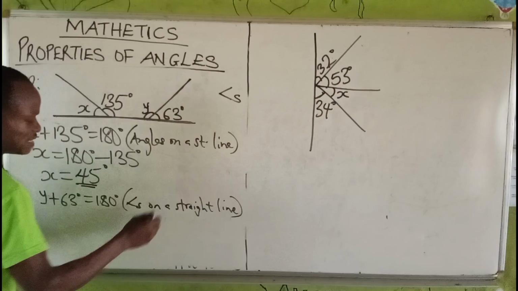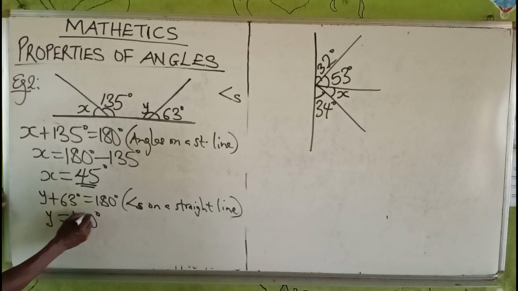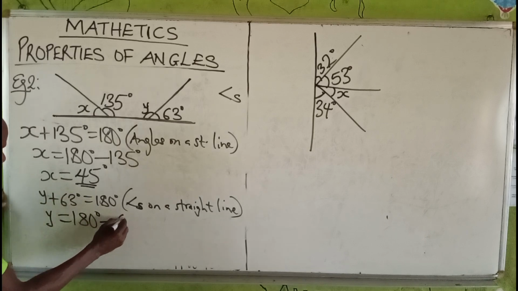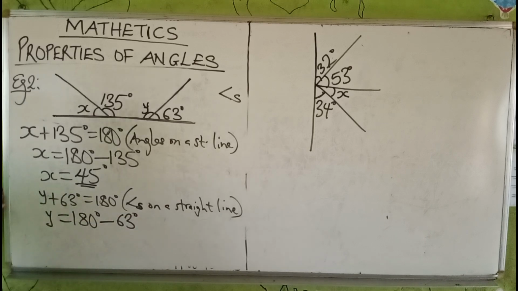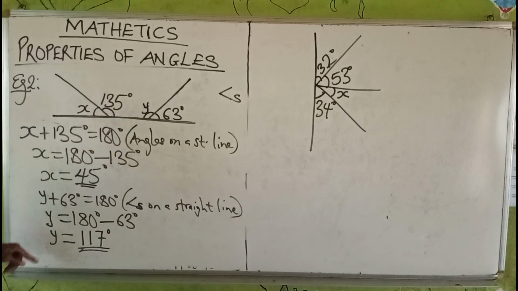When you add S, that is angles, as I have here. Now we have Y equal to 180 degrees minus 63 degrees, and that will give us 117 degrees. So this is the value of X and this is the value of Y.